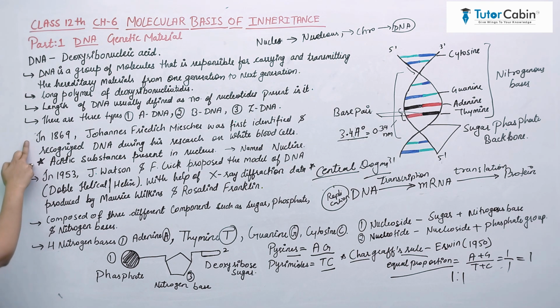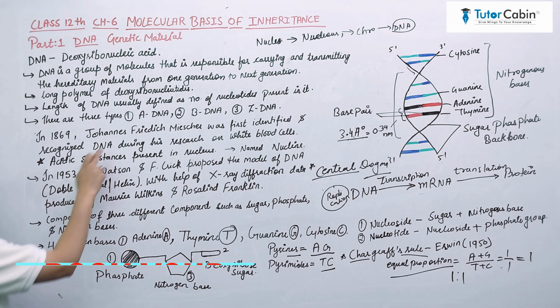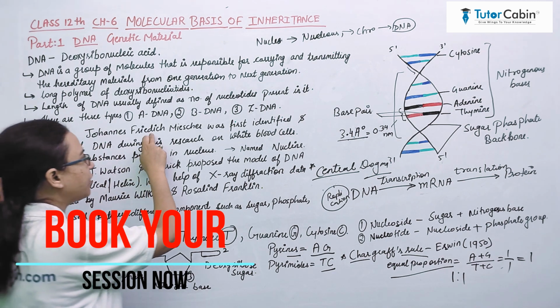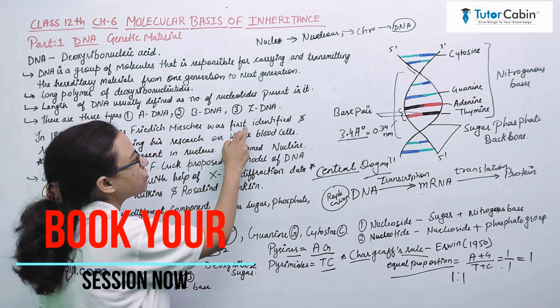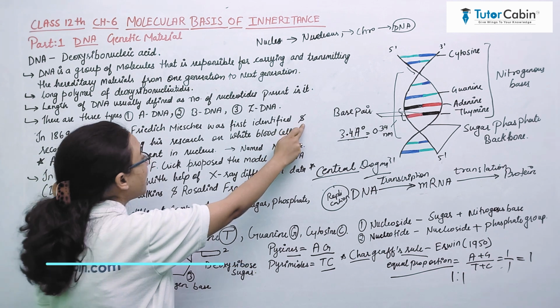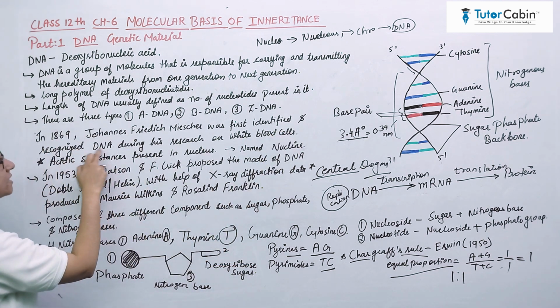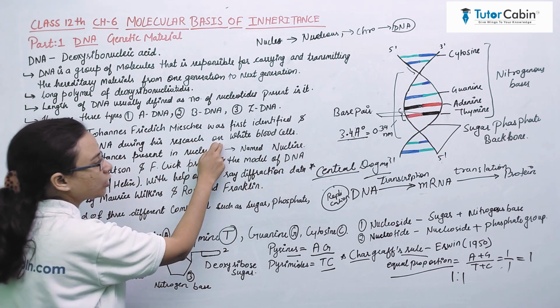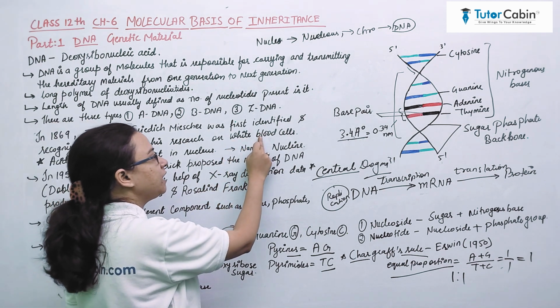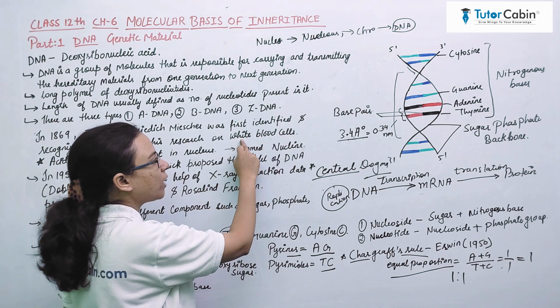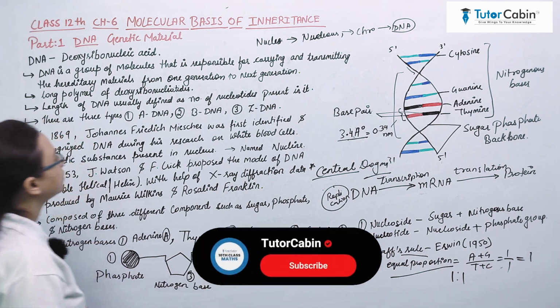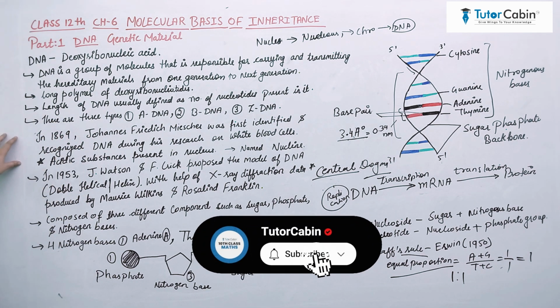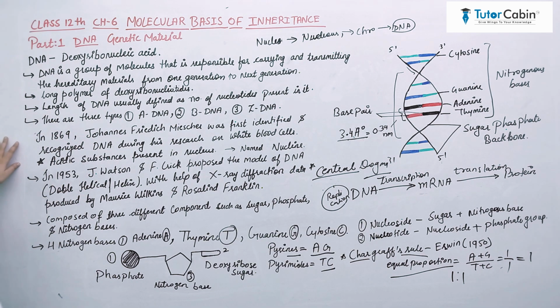In 1869, Johannes Friedrich Miescher first identified and recognized DNA during his research work on WBC, white blood cells. He recognized it as nuclein.